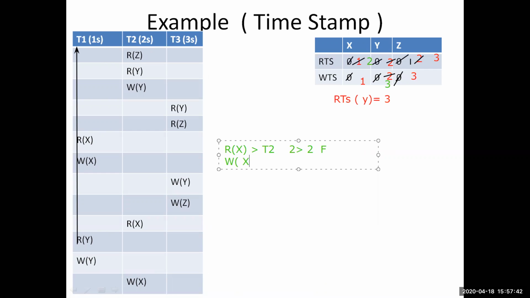Is write of x greater than T2, that is 1 greater than 2? Answer is false. So I'll set W of x equal to that transaction timestamp, which is 2. So this one will now get updated to 2.